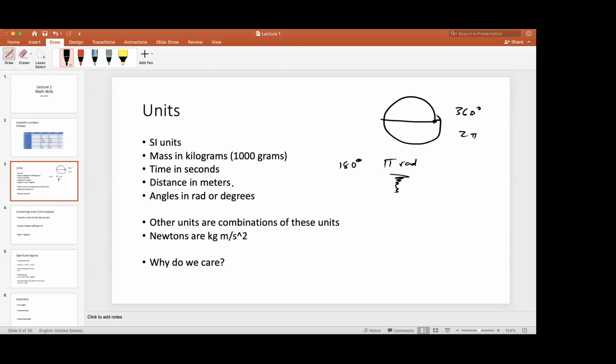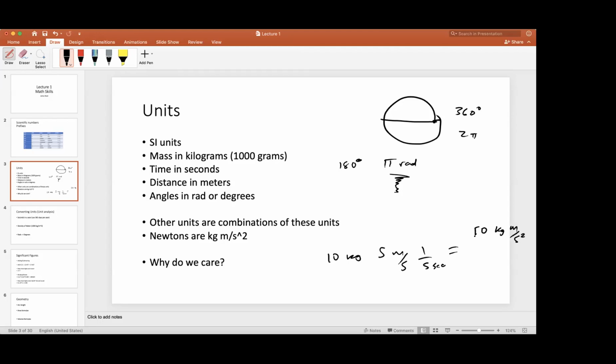If I have a 10 kilogram mass that's moving at 5 meters per second for 5 seconds, and I want to know what the force acting on that is, I can multiply this through and I see that I get 10 times 5 divided by 5 is 10 kilograms meters per second squared.